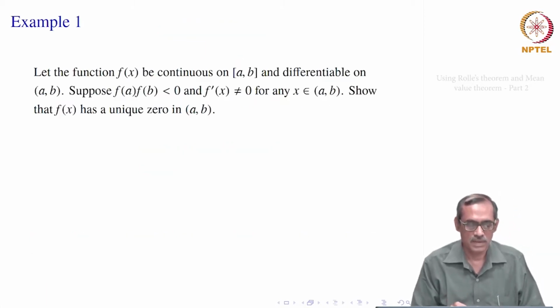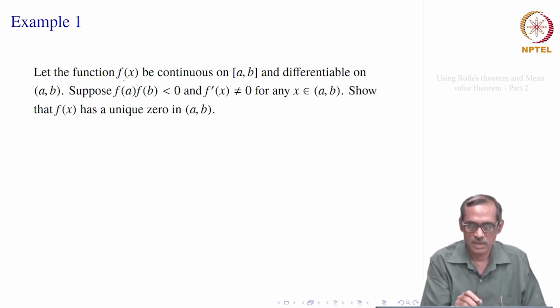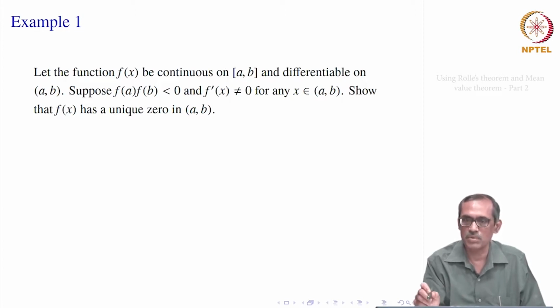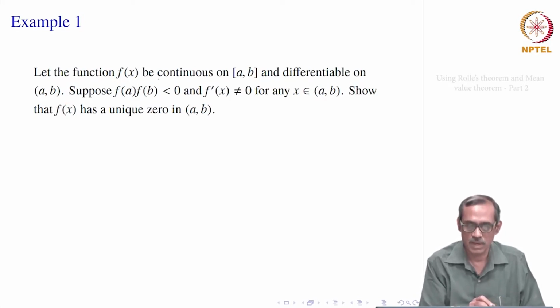The first example says: let f(x) be a function, continuous on [a, b], that is, f is a function from the closed interval [a, b] to R, and differentiable on the open interval (a, b). These are the assumptions in Rolle's theorem as you remember, but in Rolle's theorem we have f(a) equal to f(b), which is not given here.